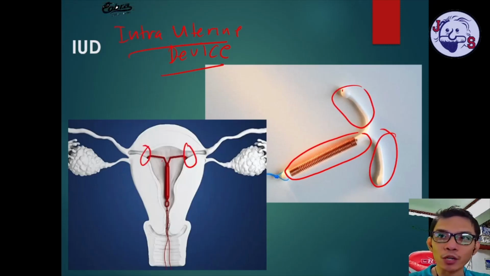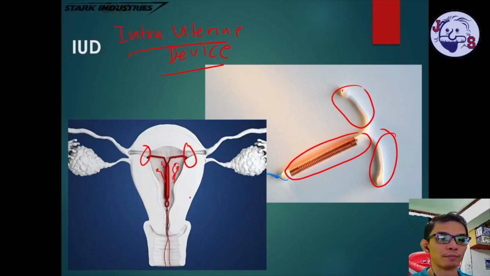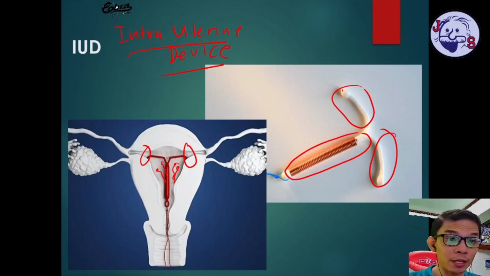These two arms cover the entrances so that the sperm will be trapped here. Only the doctor, or a specialist like an OB-GYN, can put this inside the female's body. So that is the intrauterine device.